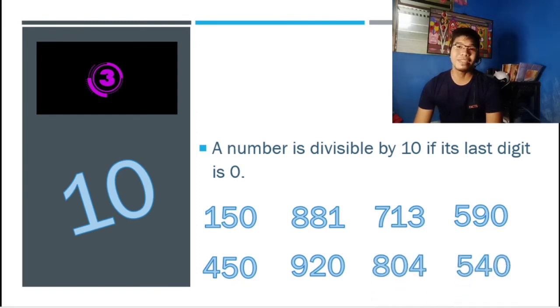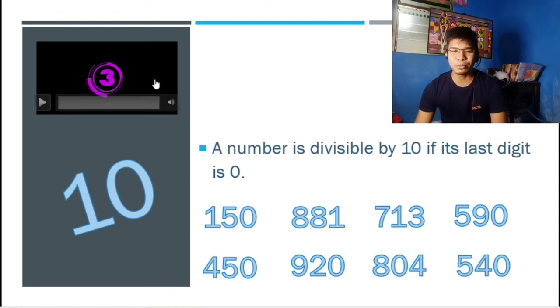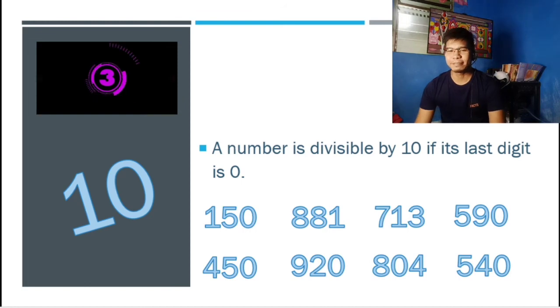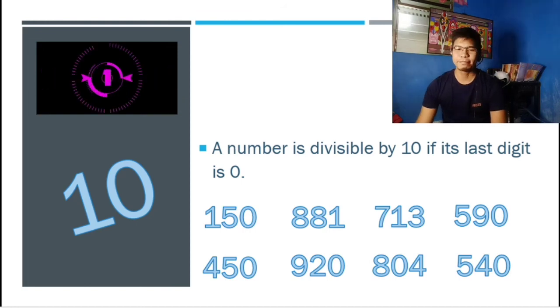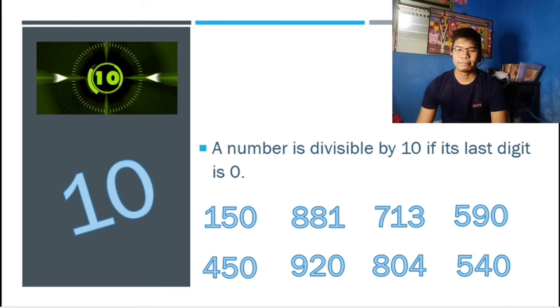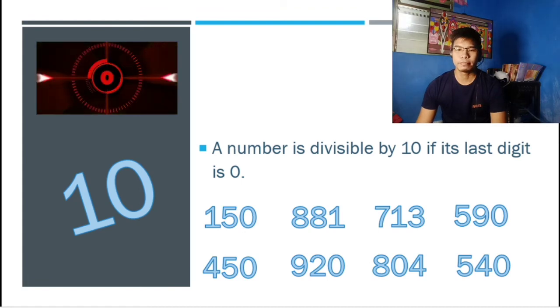All you have to do is determine which of these 8 numbers are divisible by 10. I'll give you 10 seconds to do that. This is easier than the other two. Your time starts now. 9, 8, 7, 6, 5, 4, 3, 2, 1, 0.